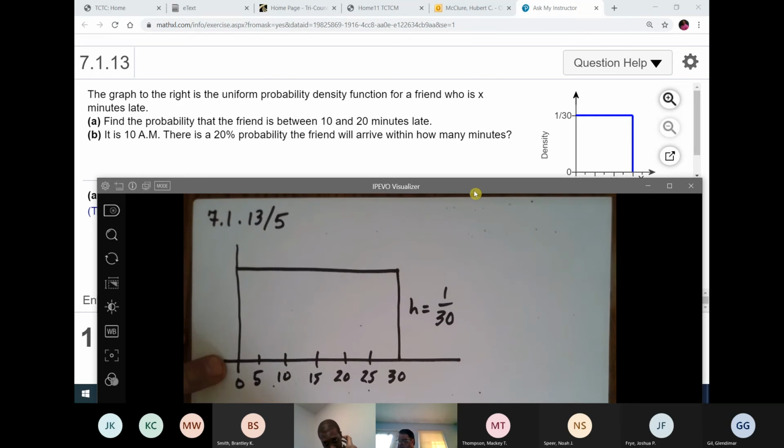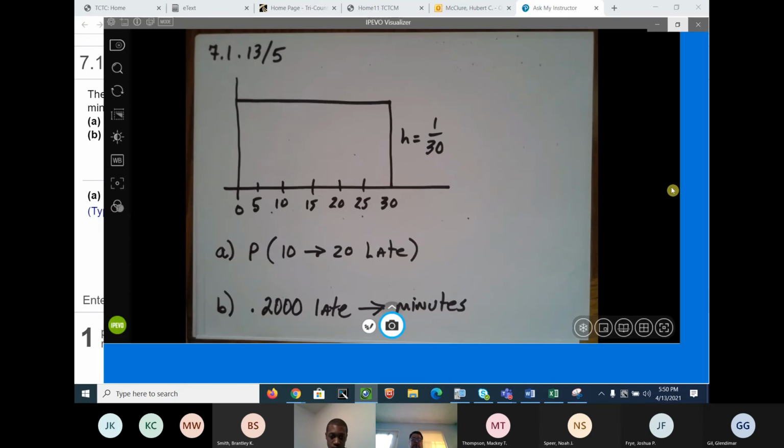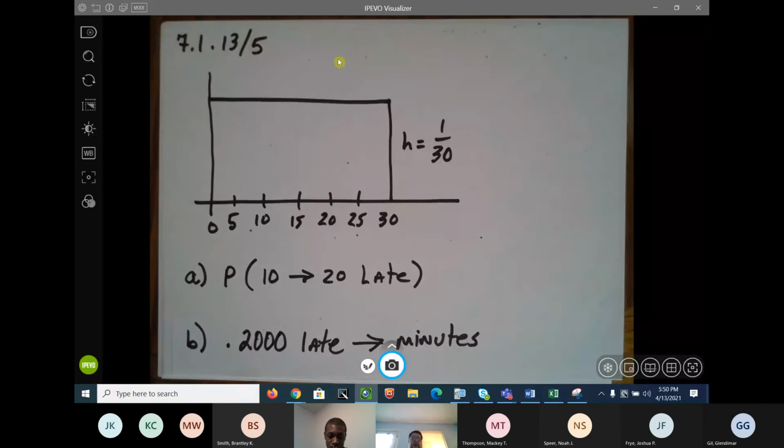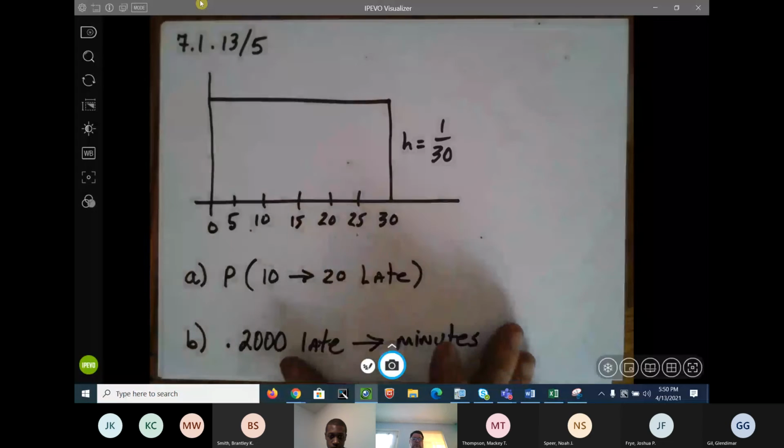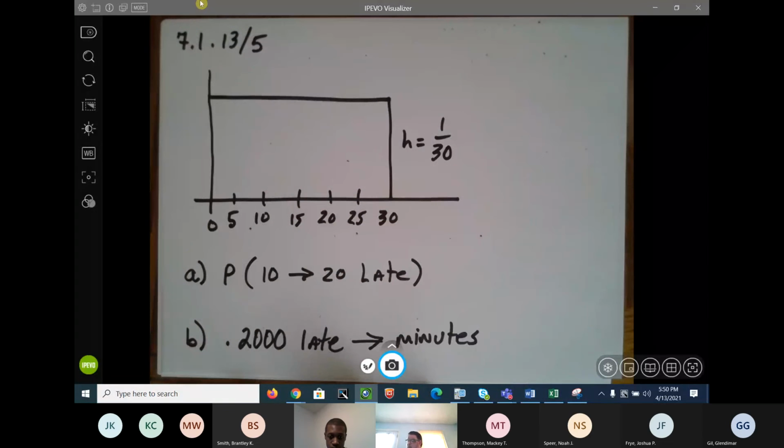And then B, there is a 0.2000 probability that somebody will be late. Turn that into minutes. Now like I said, we went over one of these in class, and I'm going over it again. It's time, and that is the question.